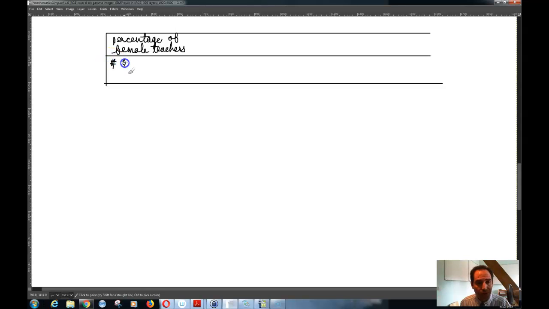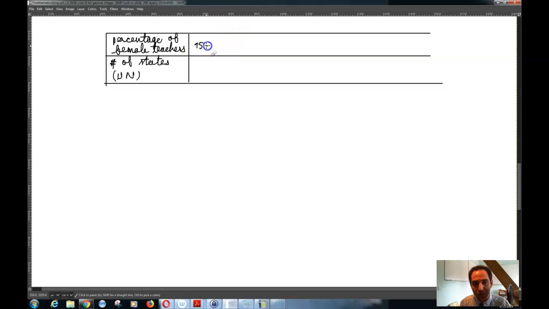UT means union territories. So they have classified the data into different classes.